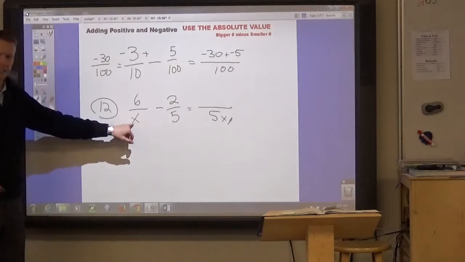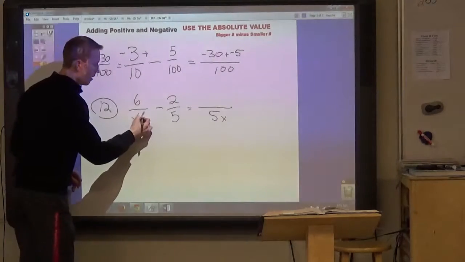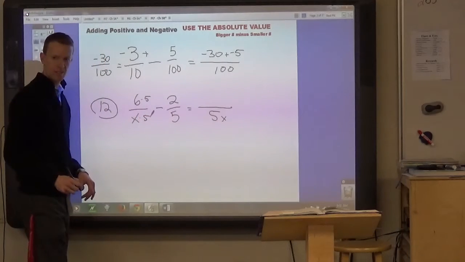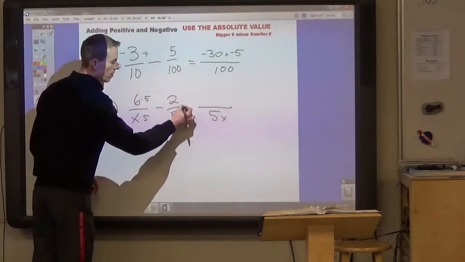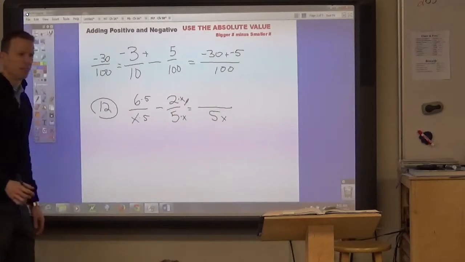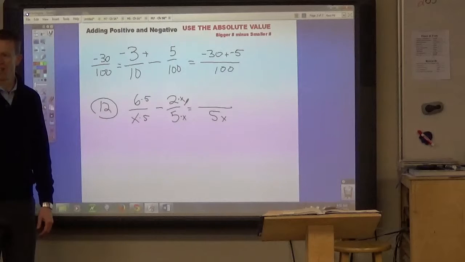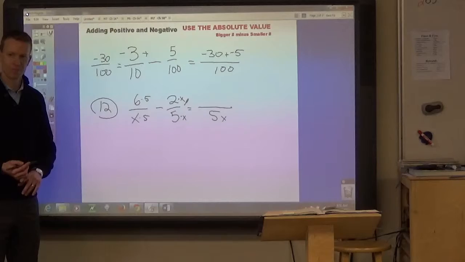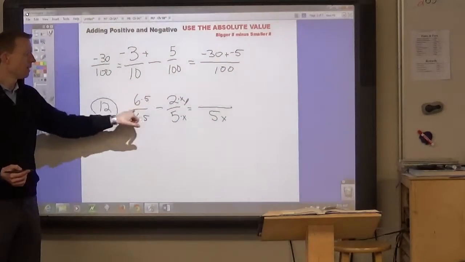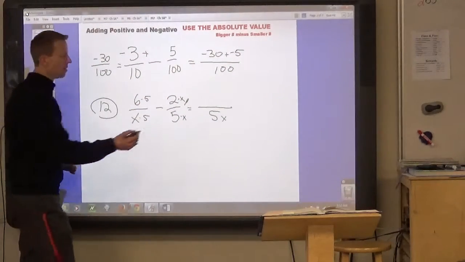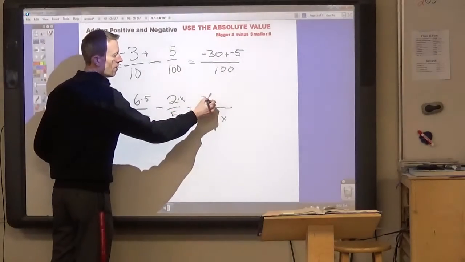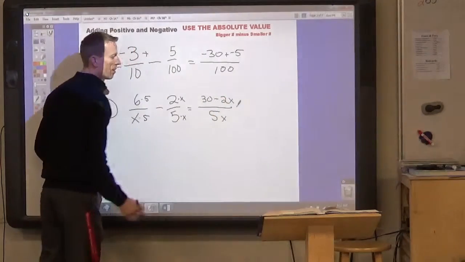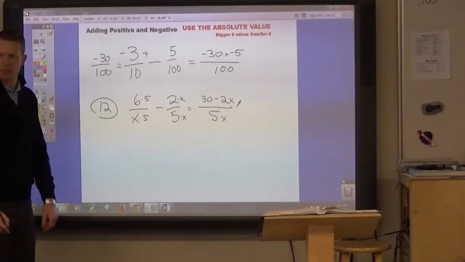But in order to get this as 5x, we'd have to multiply by 5. And we'd have to multiply this by x. Okay? That gives us a common multiple, doesn't it? So, combine these. 6 times 5, 30, minus 2x, right?